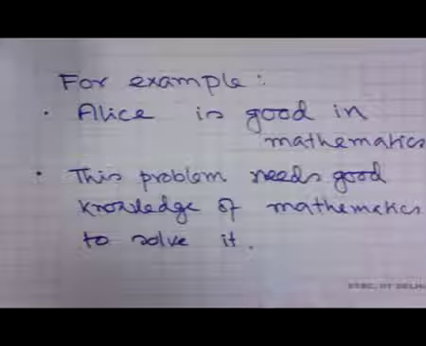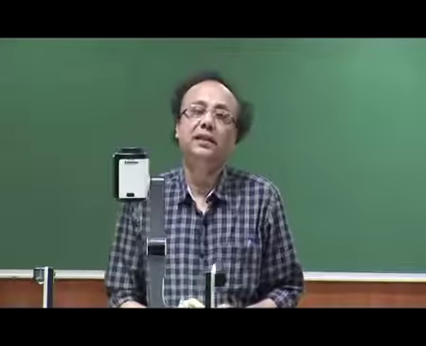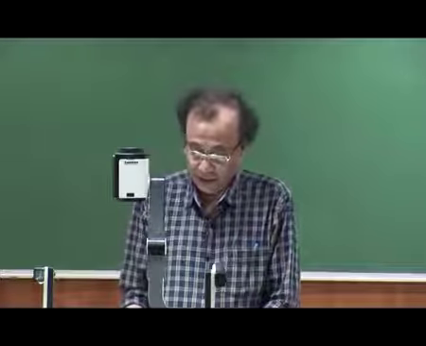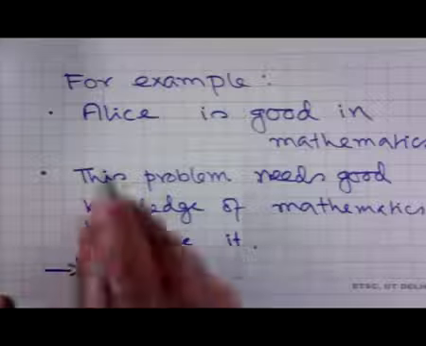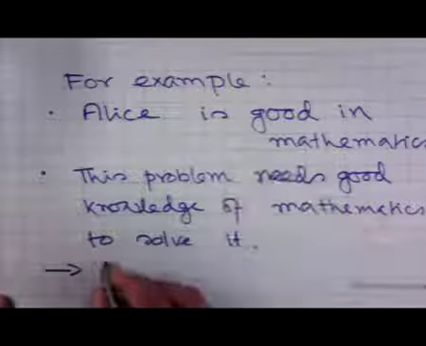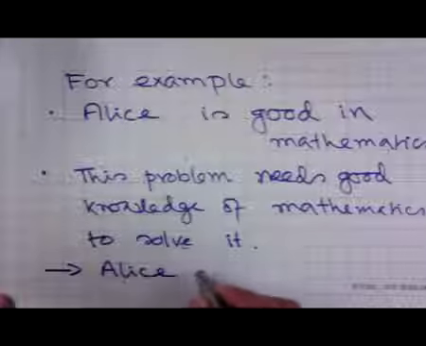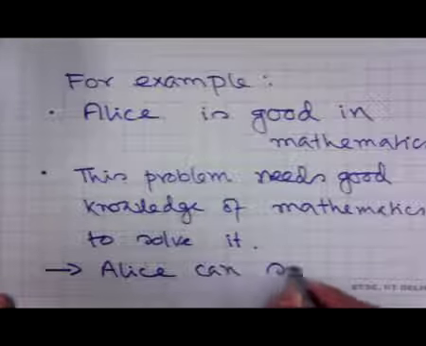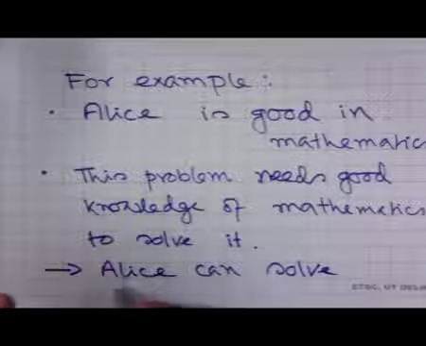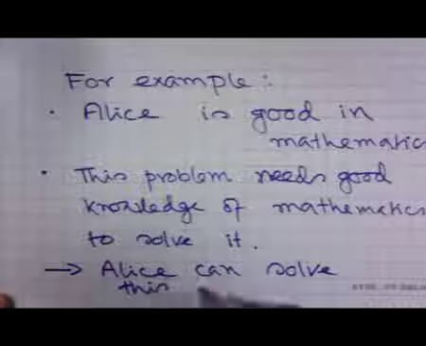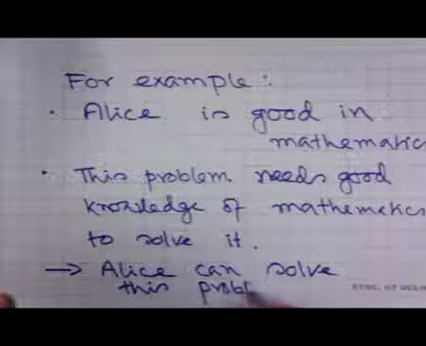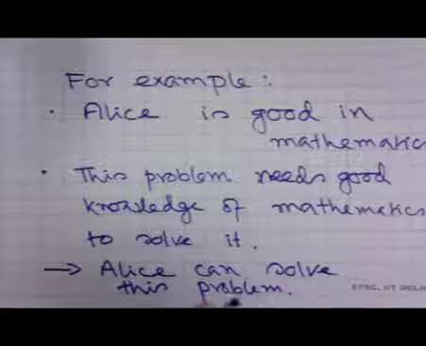Suppose these are the premises or facts that are given to us. What can we conclude from there? We can conclude that Alice can solve this problem. Is that right?